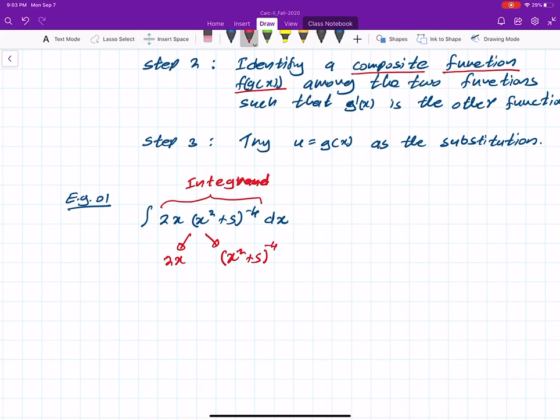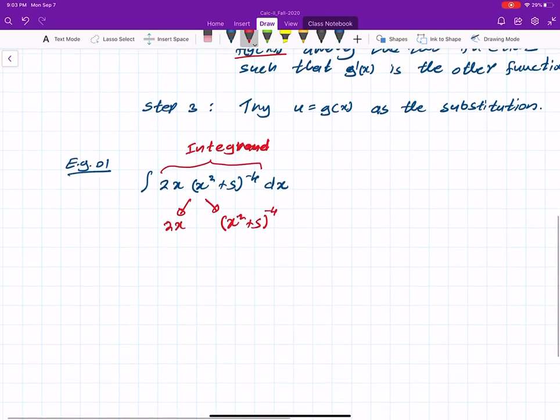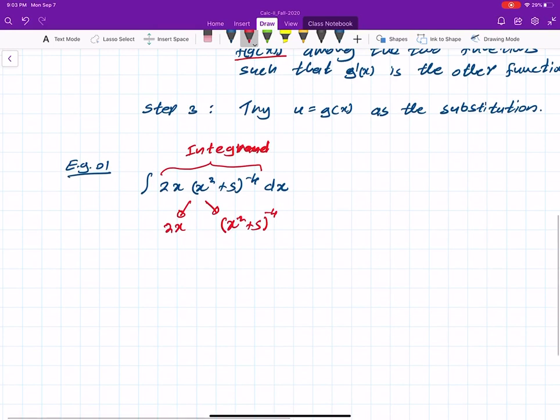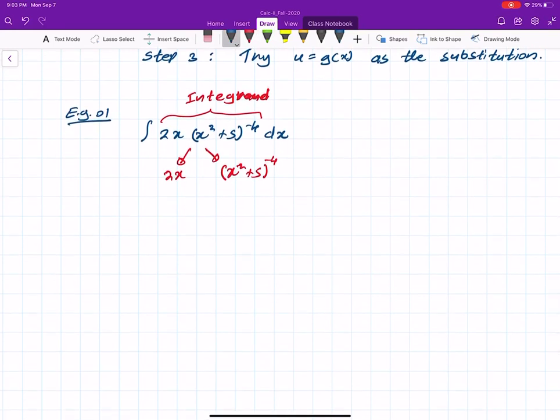Now I have to understand f of g of x. That means a function inside another function. So you could treat x square plus 5 to the power minus 4 as the composite function.